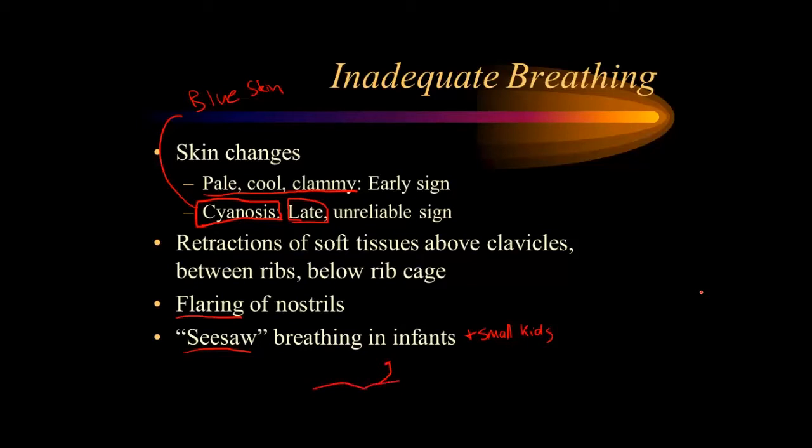There's a chest and the belly, and there's your kiddo's neck and their head. Okay, there you go. That's a really big kid. Anyway, so this is their stomach. Their stomach will go up and their rib cage will go down. And then their rib cage will go up and their stomach will go down. And so it actually looks like a seesaw moving up and down.